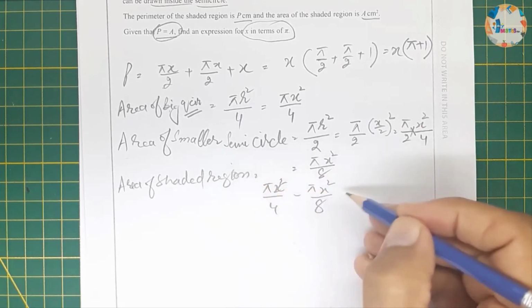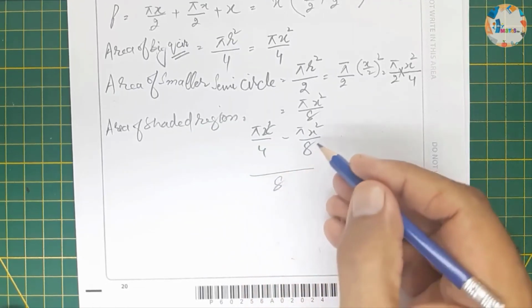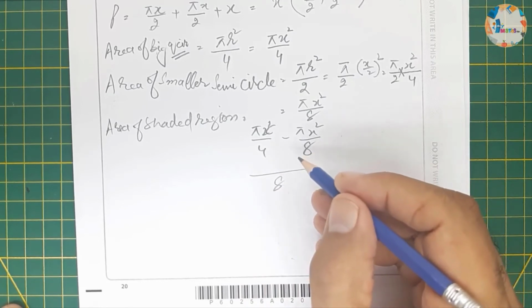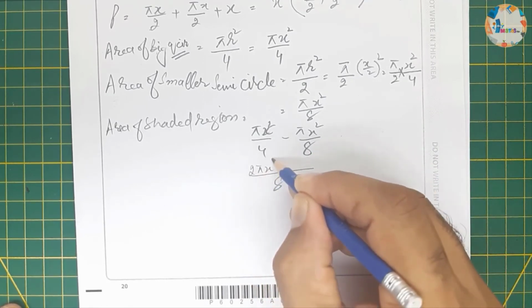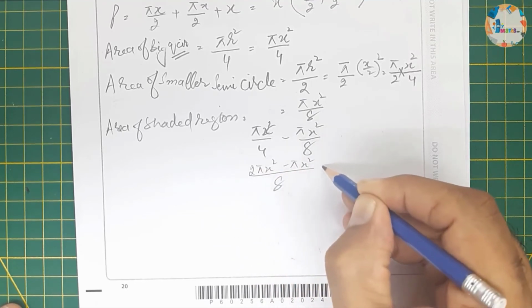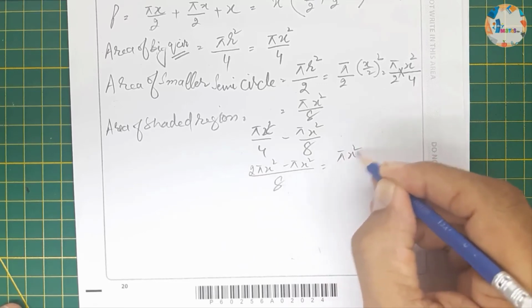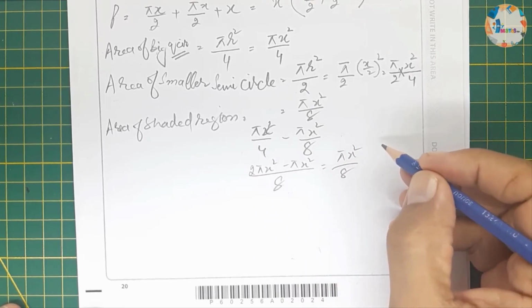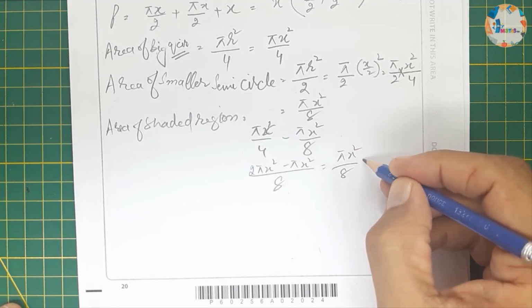This will be basically the area, and we can take LCM. If we take LCM it will be 8. So this one we can write as 2 pi x square minus pi x square. This will be equal to pi x square by 8, and this will be equal to the perimeter.